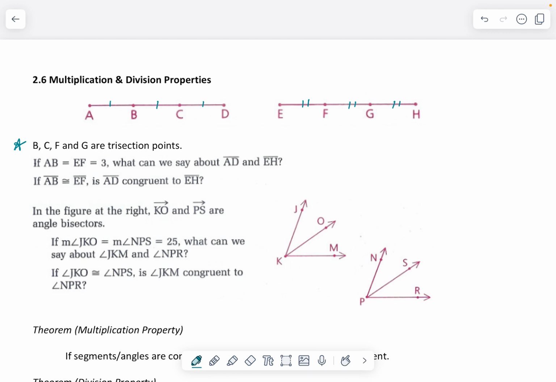Now, if they say AB is equal to EF, which is equal to 3, we know that those are 3. And in fact, we know all these pieces are 3 because it's trisected. And so we know that AD is equal to 9, and we know EH is equal to 9.